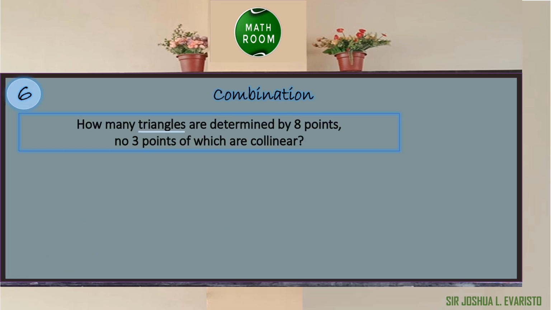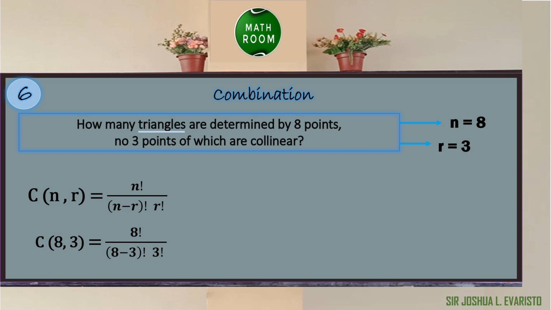Applying the formula for combinations, combination of n, r is equal to n factorial over quantity n minus r factorial times r factorial. Substitute the values of n, which is equal to 8, and r, which is equal to 3. So we have combination of 8, 3 is equal to 8 factorial over quantity 8 minus 3 factorial times 3 factorial.